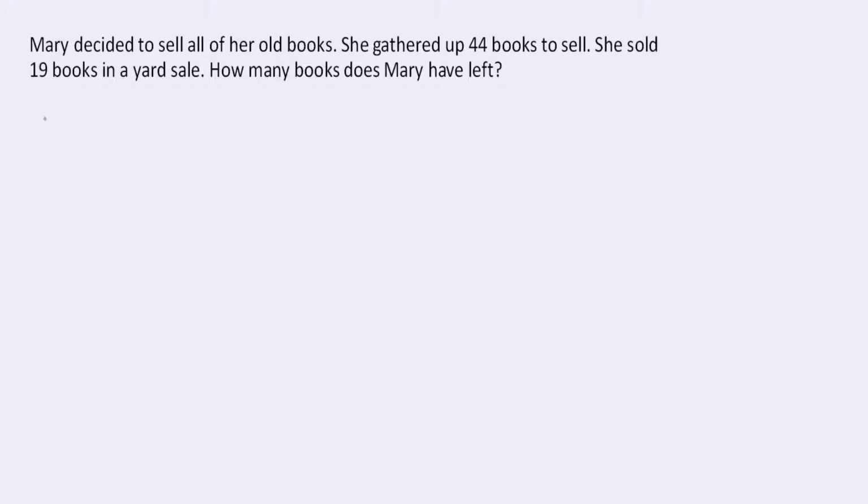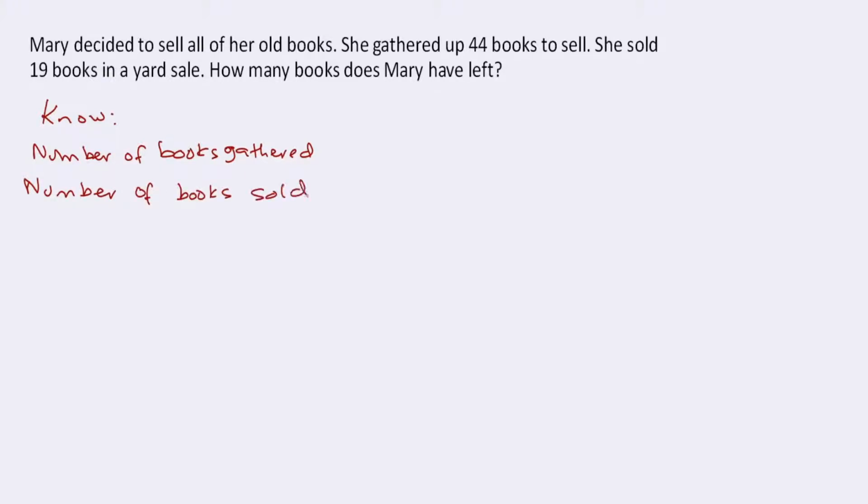So what do we know? We know the number of books gathered. We also know the number of books sold. The unknown is the number of books left.